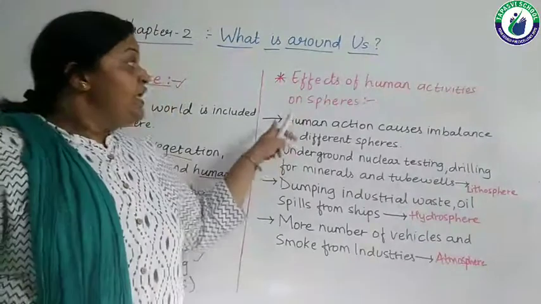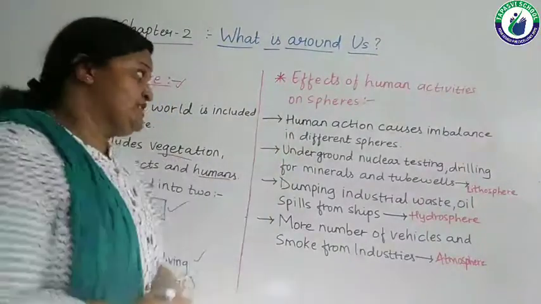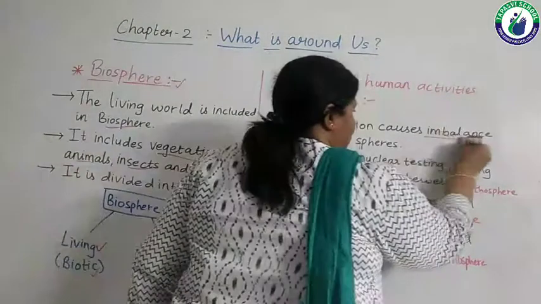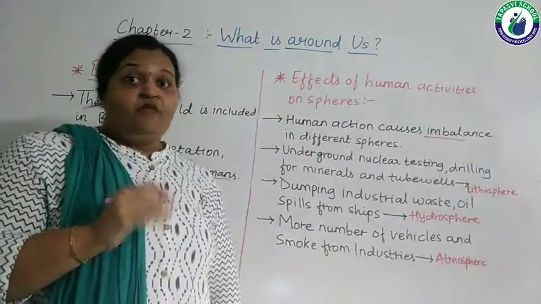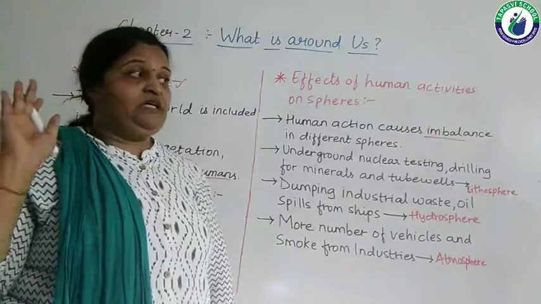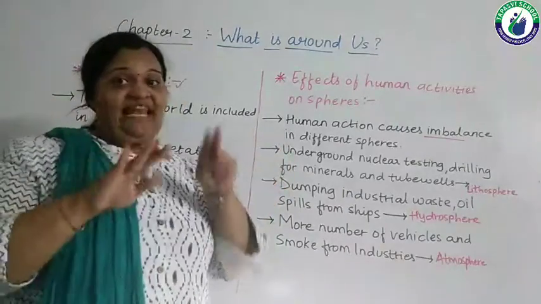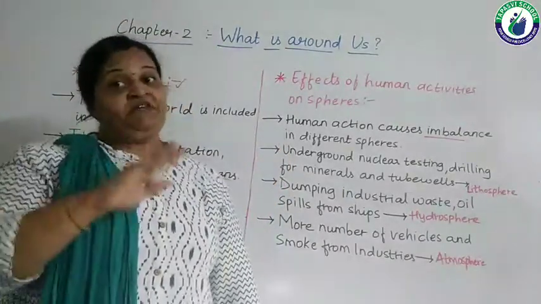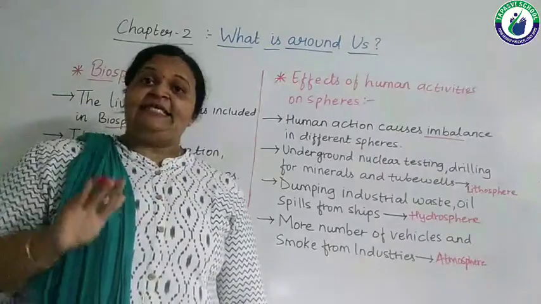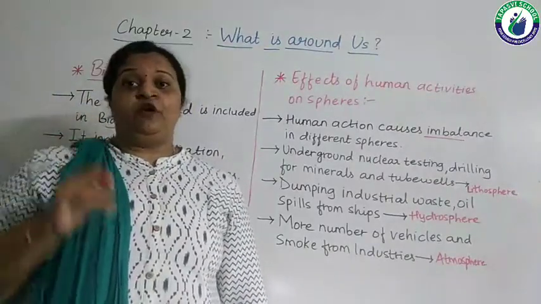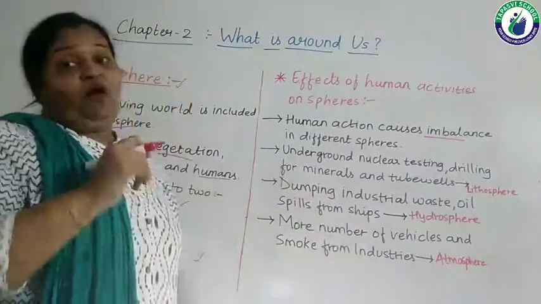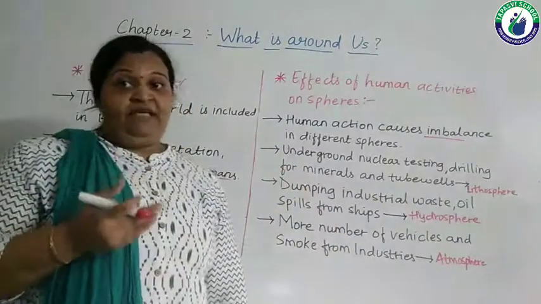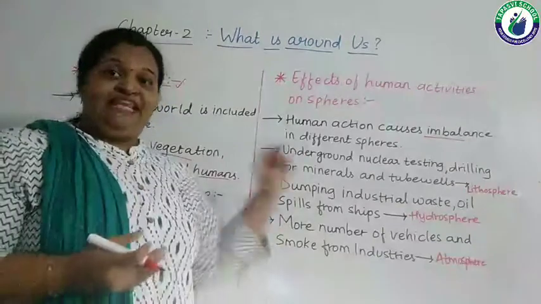Right? Human action causes imbalance among the different spheres. We have already studied in the chapter that much balance is required between all the spheres for easy sustenance of human or living world. Right? Now what or how are we harming the different spheres? Let's see.